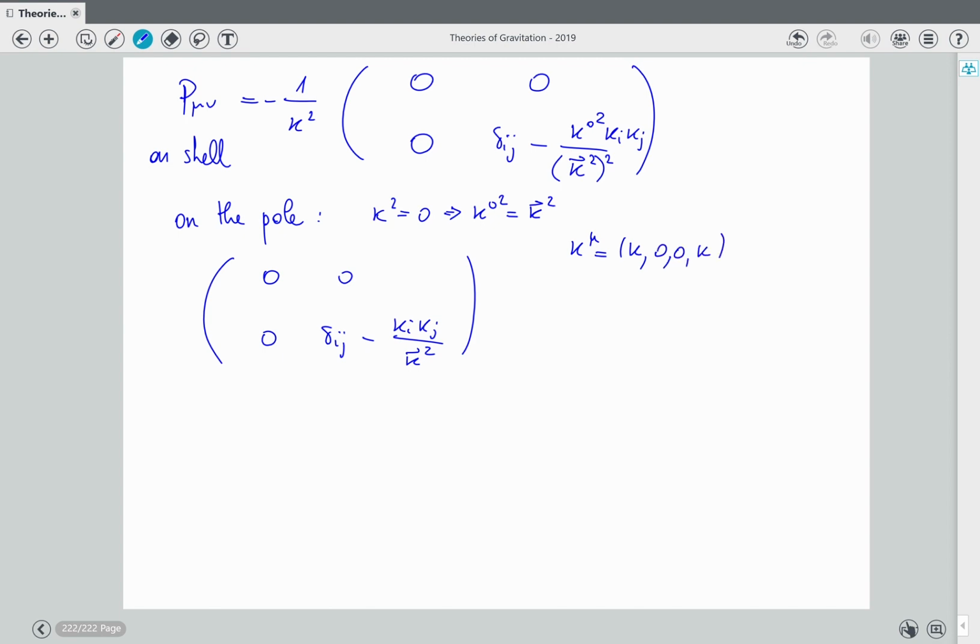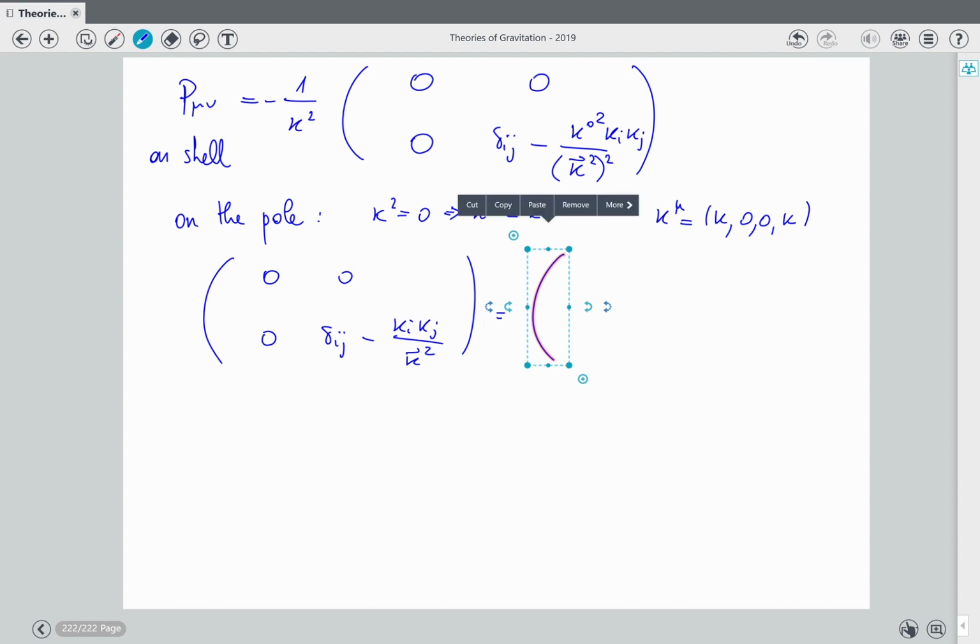And if you use k mu equal, as usual, k0, 0, k, then the matrix becomes what? 0, 0, 0, 0, 0, 0, 0.